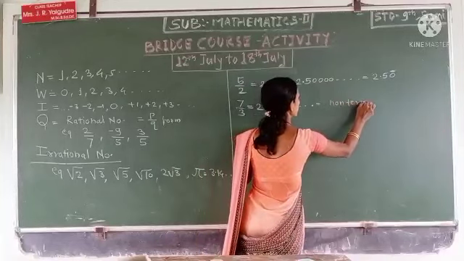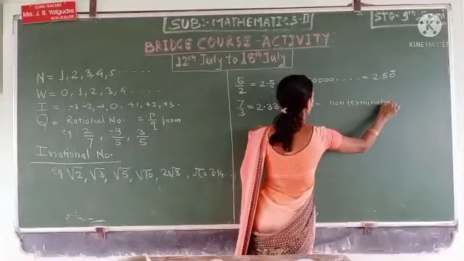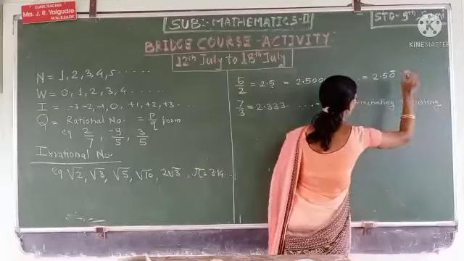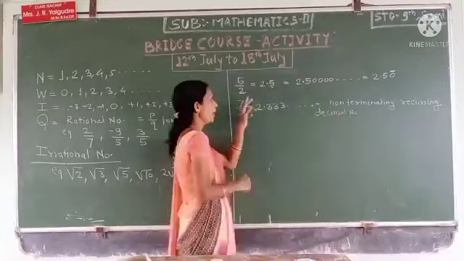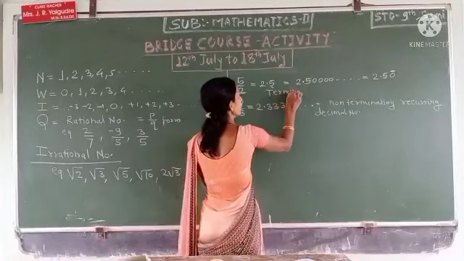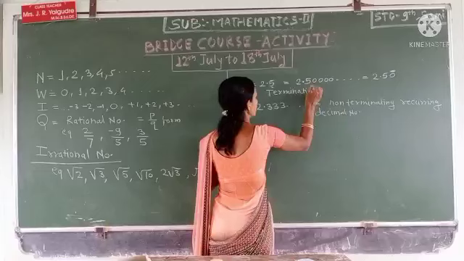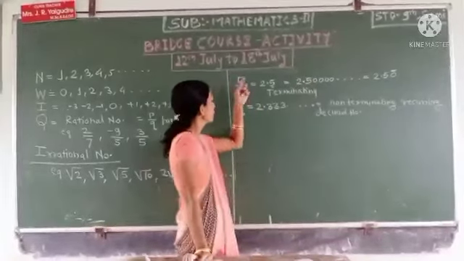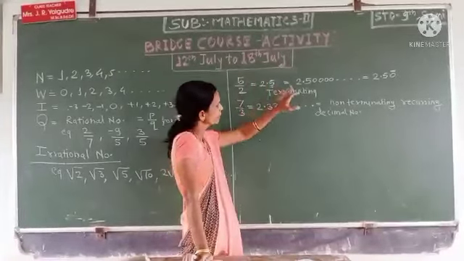That means it is a non-terminating and recurring decimal, and here 2.5 is the terminating decimal form of that rational number.